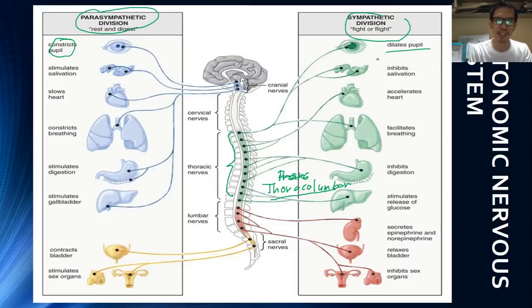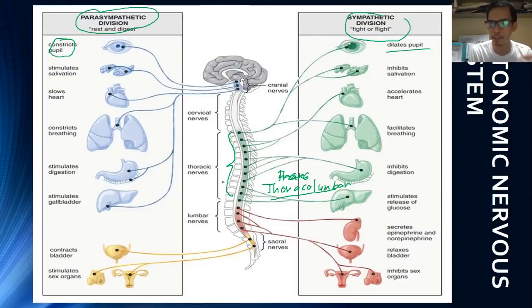If the sympathetic division dilates the pupil, the parasympathetic constricts the pupil. Every organ that is controlled by the parasympathetic division moves opposite to the way it does on the sympathetic division.